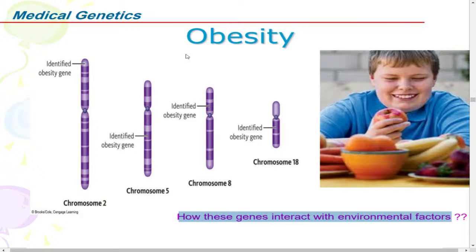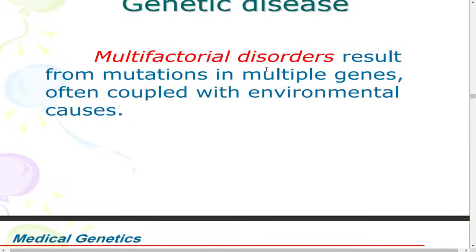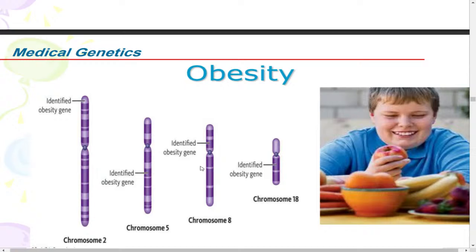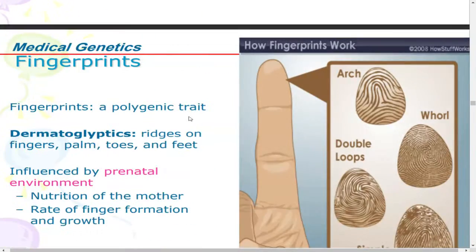Of course, with food being accessible, the identified obesity gene, the multifactorial gene disorder, resulting within multiple genes, as we saw in 8 and 18, with environmental problems. Chromosomes 2, 5, 8, and 18 carry identified obesity genes.